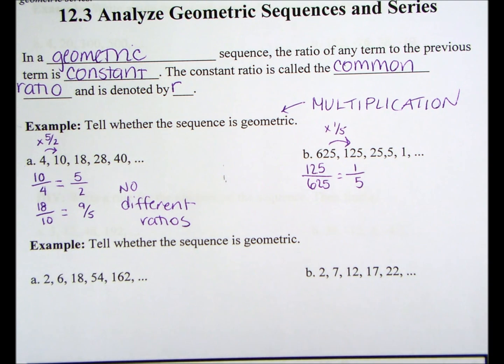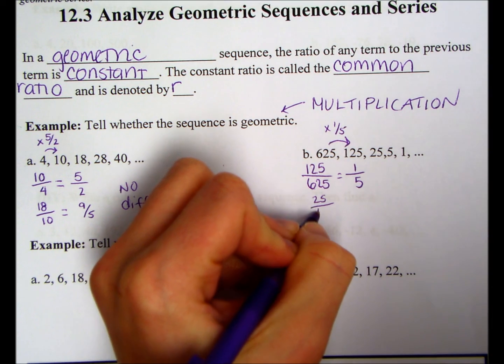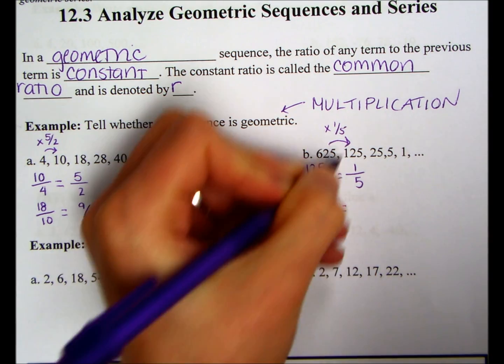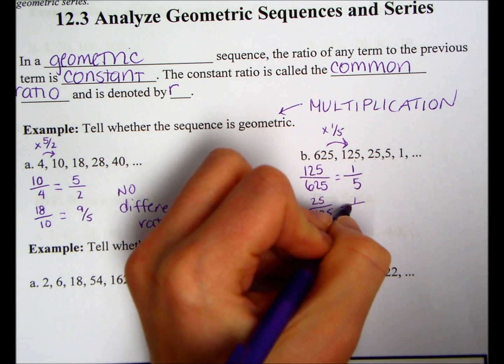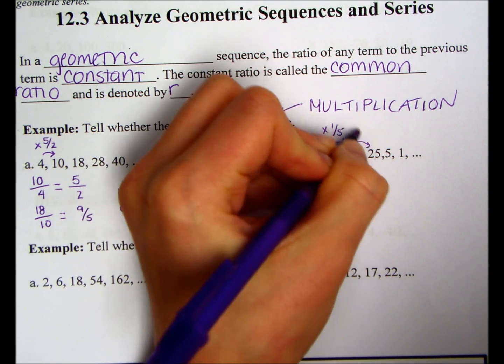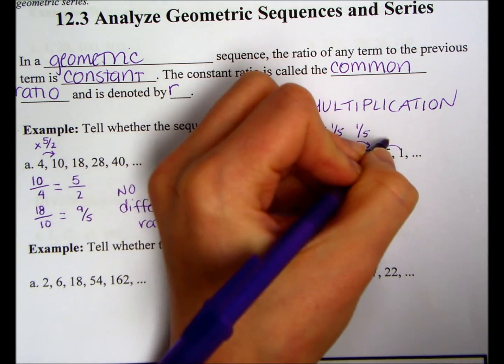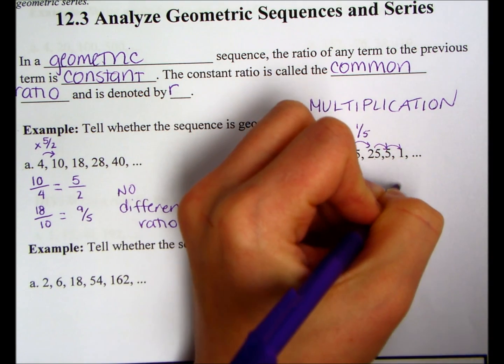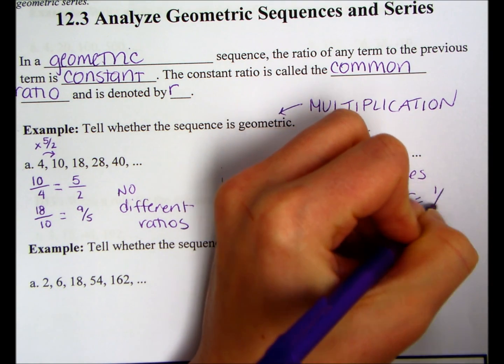Does it happen the same way with the next terms? I'm going to do 25 divided by 125, this term divided by that term, and the answer is yes, 1/5. You will see that it works for the other two as well. So yes, and my ratio is 1/5.